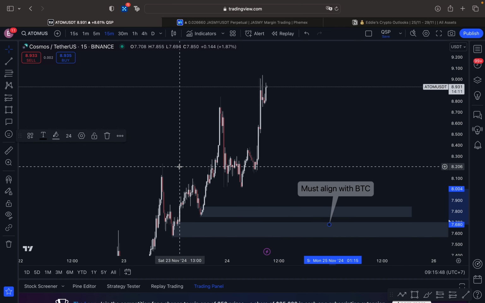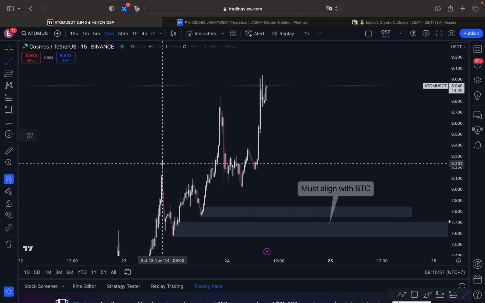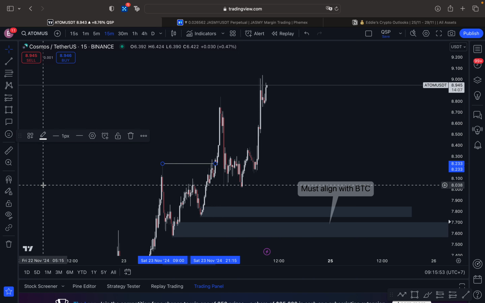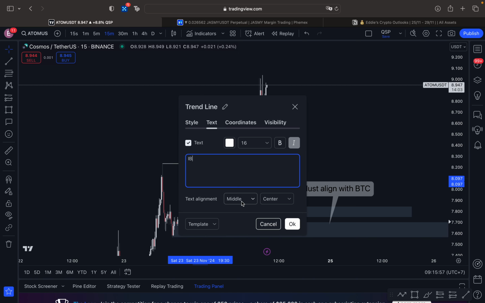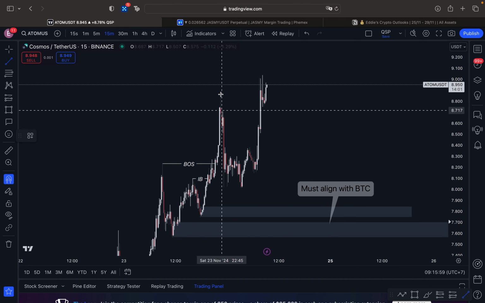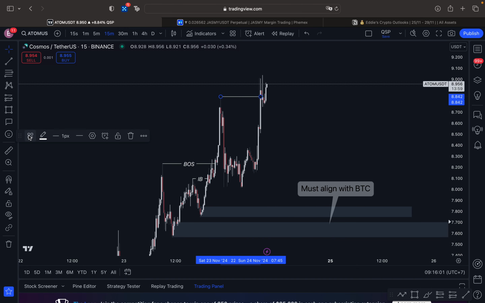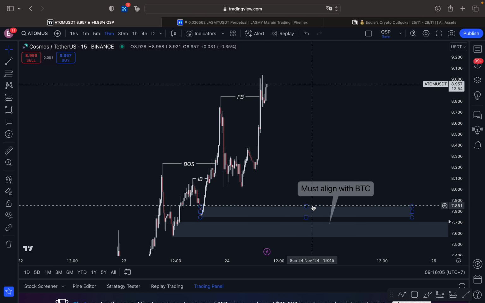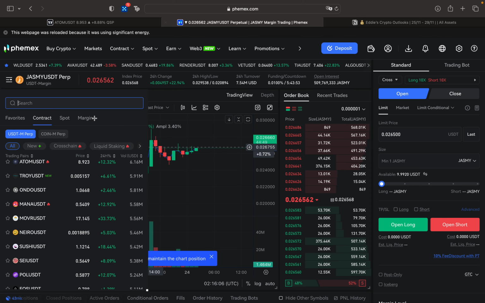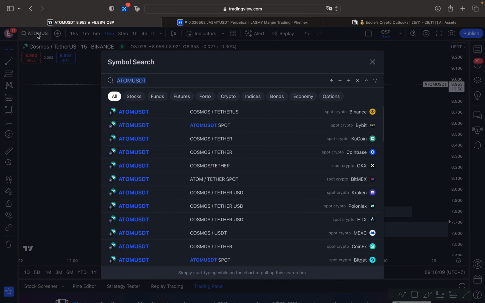So I'm going to mark these two out. I'm not going to set this as outlooks yet, but I'm just going to mark this out for now. I want to see more confirmation before I take the trade. Right now, it's just not as high probability. Troy.